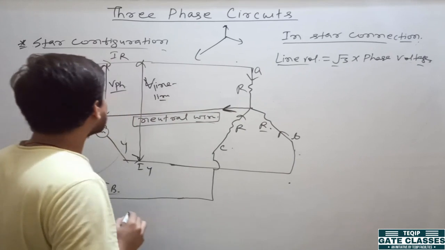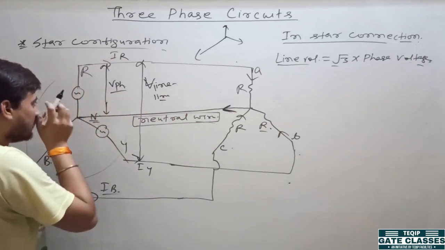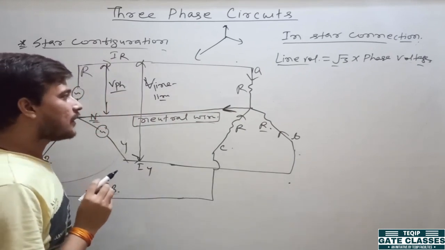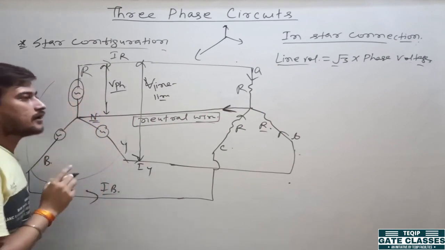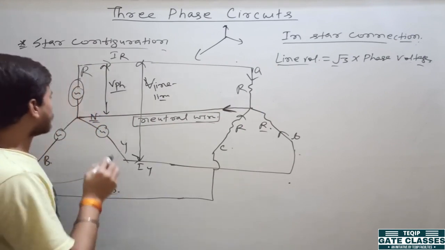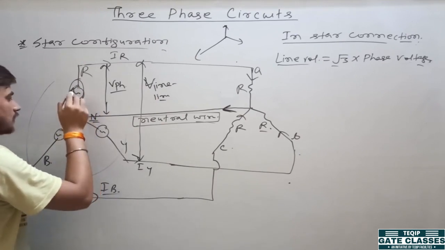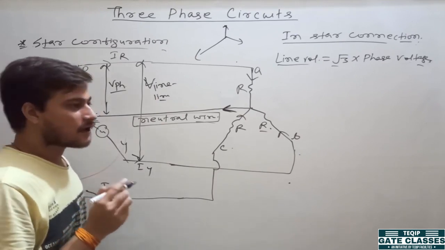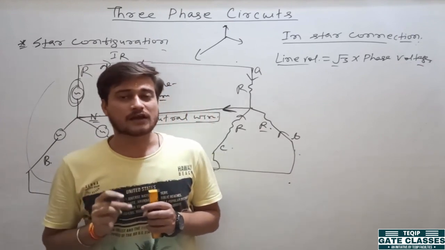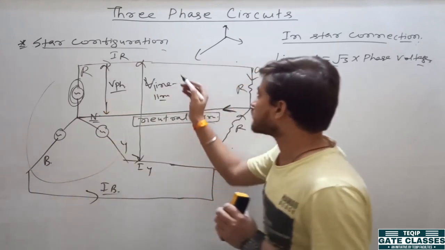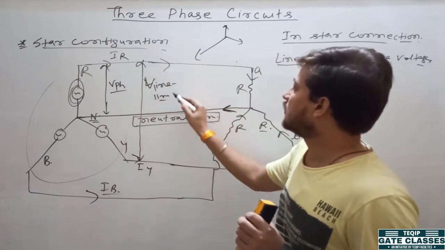Now what about line current and phase current? What is the meaning of phase current? The current which is flowing in the winding of the generator is called phase current. This voltage source is basically the winding of the generator. The current flowing through the winding of the generator is called phase current, and the current flowing through the transmission line is called line current.